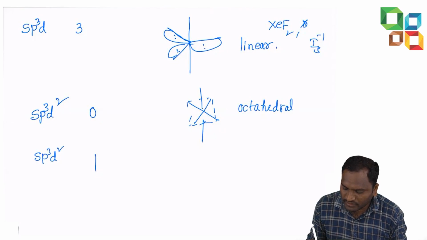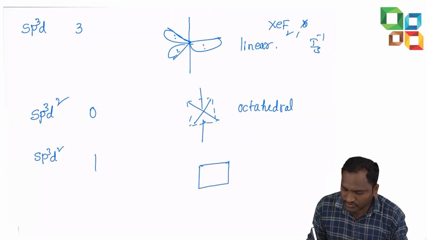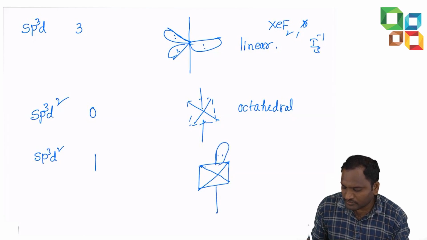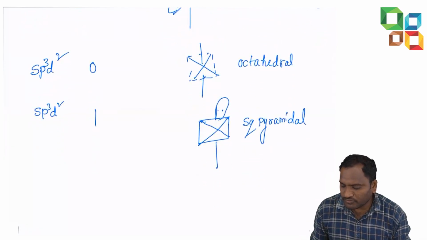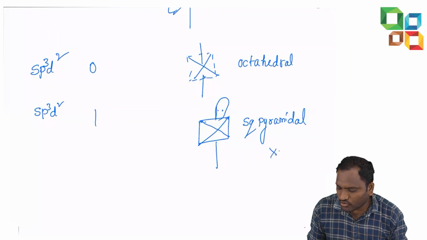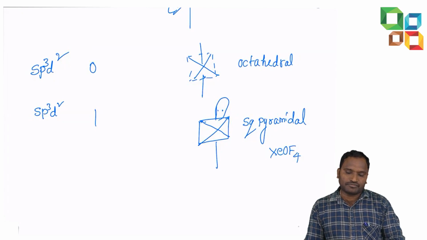That lone pair occupies an axial position. It looks like a square pyramid, so square pyramidal structure. An example for this is XeOF4.